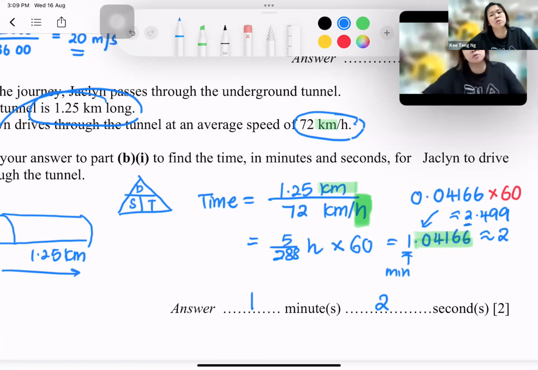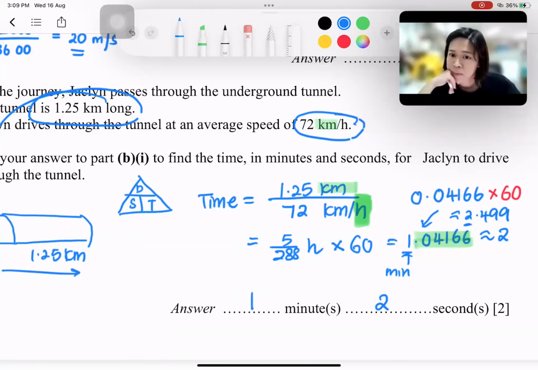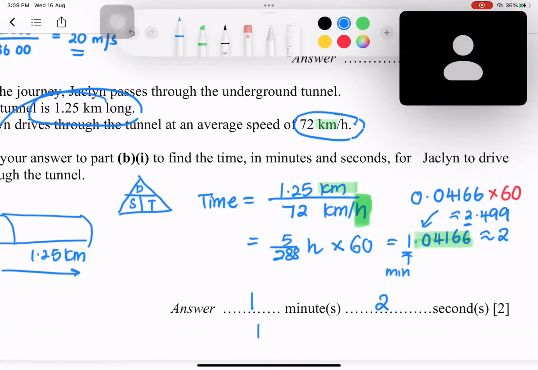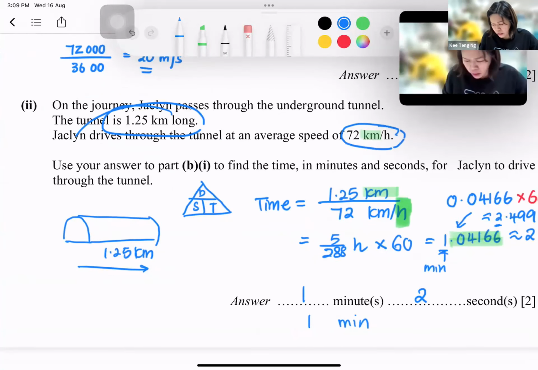But Jinghui, you take note. If you put 2.5, rounded off to the nearest second, it will be 3 seconds. When they say number of seconds, this one is 2.5 seconds.